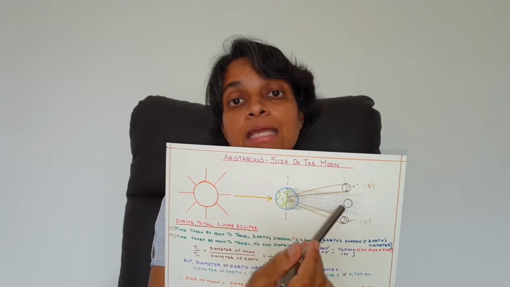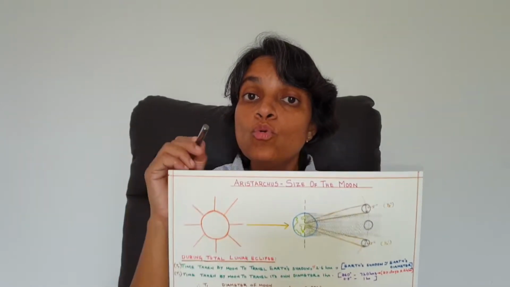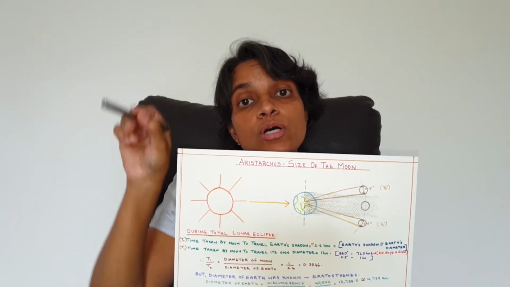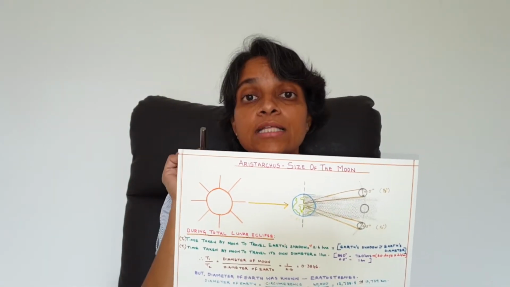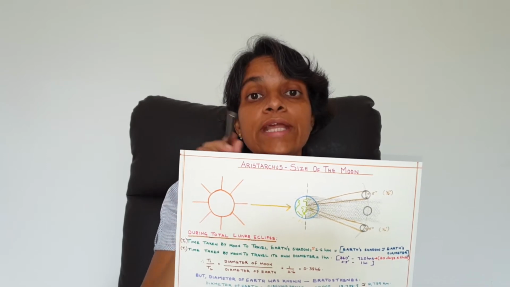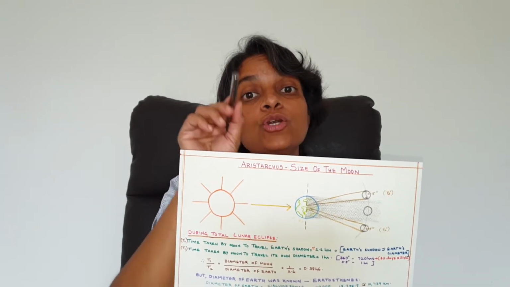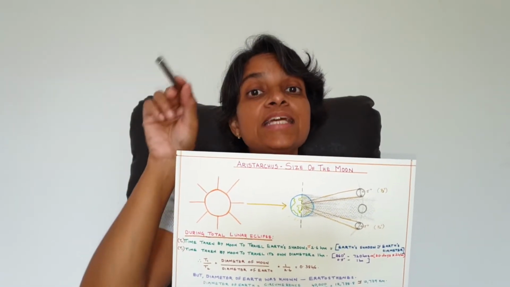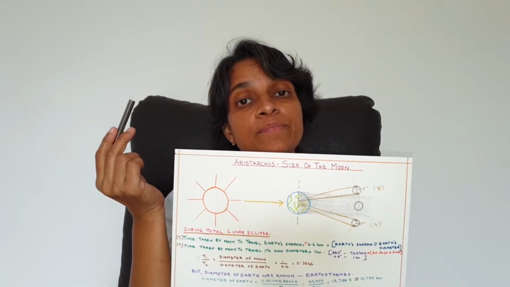And he knew that the moon takes 30 days to circle around the Earth. That is, the moon takes 30 times 24 hours to complete 360 degrees of revolution.